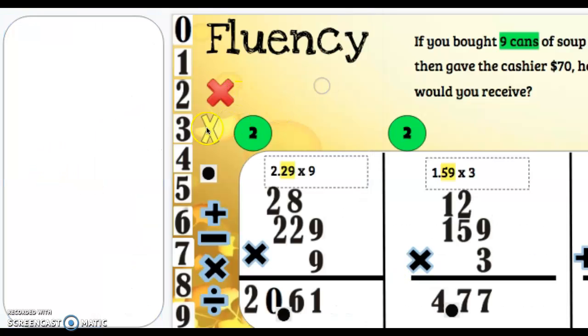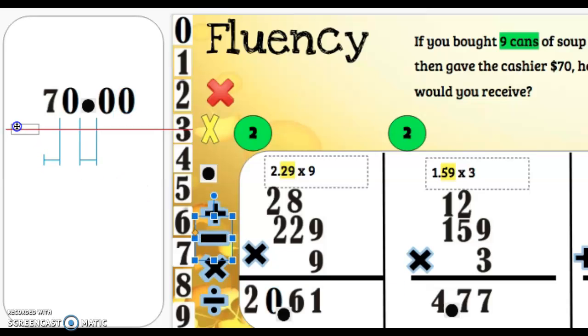Okay, it's good. So you gave the clerk $70. We know it's a whole number, so we know that the decimal point goes after the 0. And I always like to put 2 placeholders behind the decimal point when I add one. And then you subtract, meaning that you take away how much you spent, because you had $70 and you spent it. So if you spend it, you no longer have it.